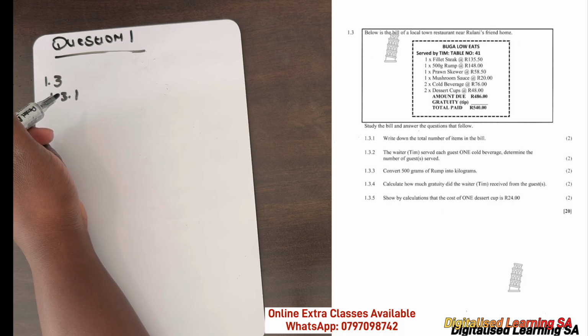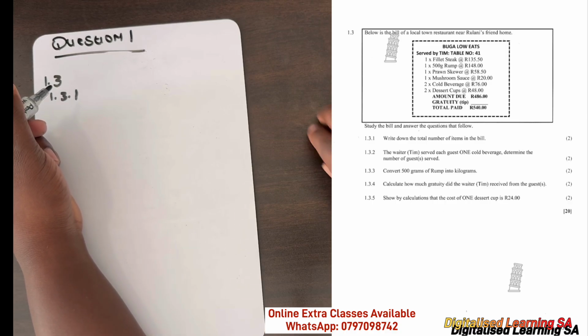If we look at our bill, we can see that the first item is fillet steak, our second item is 500 grams of rump, our third item is prawn skewer, our fourth item is mushroom sauce, our fifth item is cold beverage, and our sixth item is dessert cups.